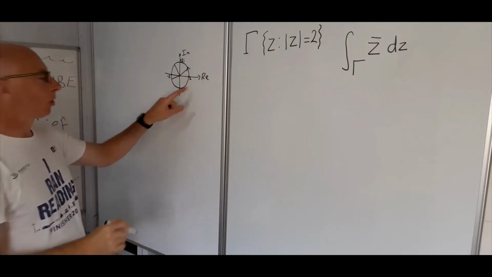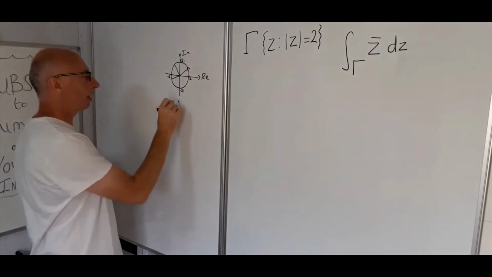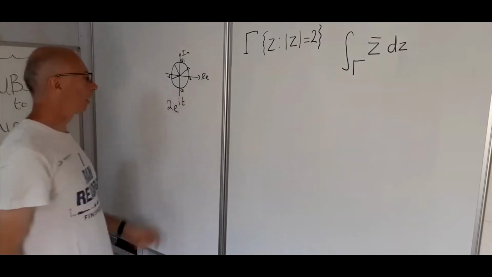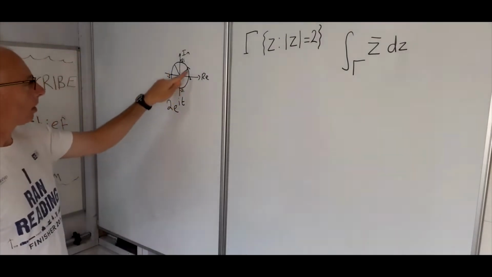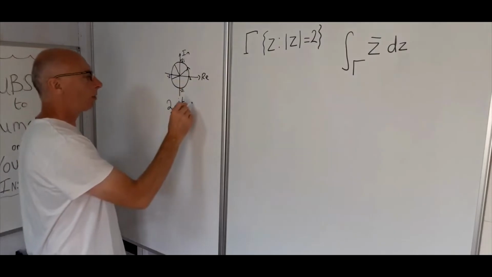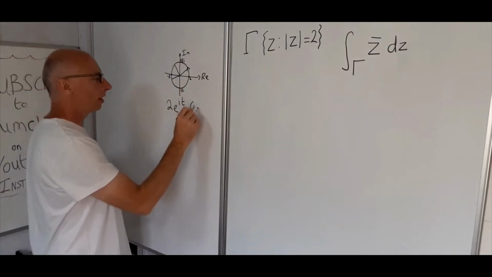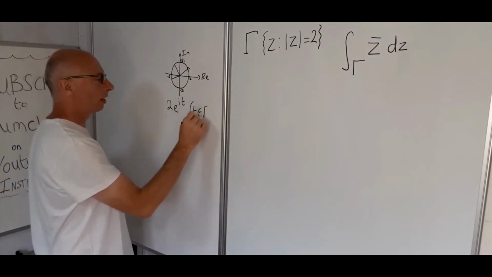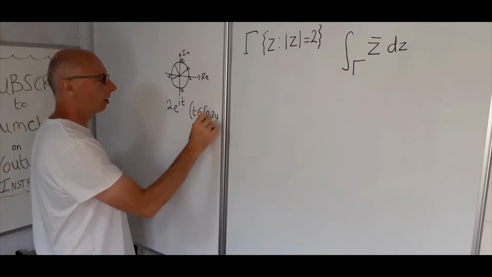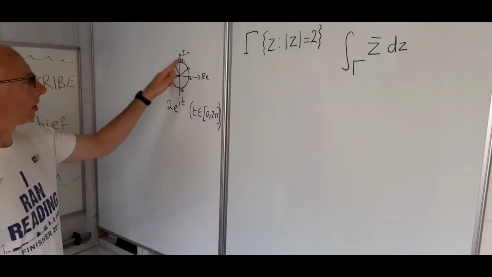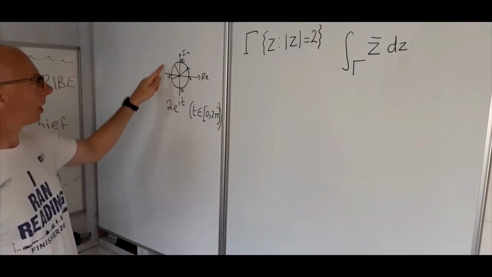And then we use the exponential function, e to the it, so that will give us all these points here. And then we say that t is in the set from 0 to 2 pi.